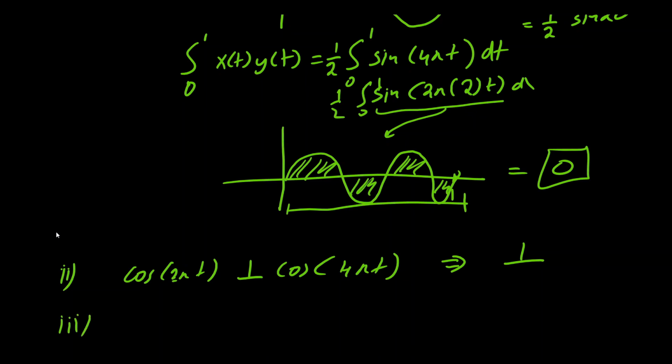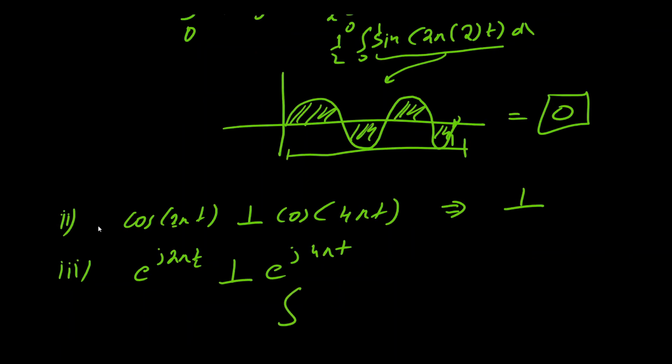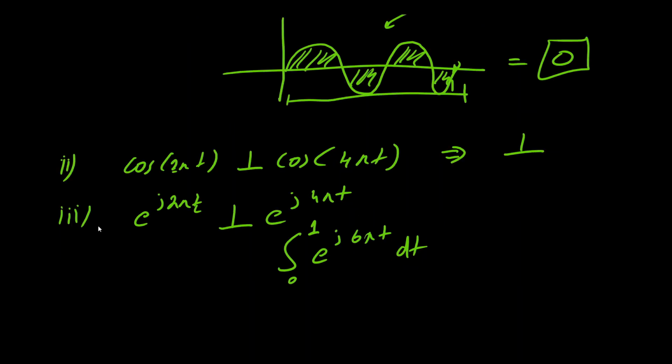Similarly, for the exponential Fourier series, is e to the j 2 pi t perpendicular with e to the j 4 pi t? If you multiply these two together, you would have e to the j 6 pi t, with a time period from 0 to 1, dt. And it is easy to prove that this is simply 0.